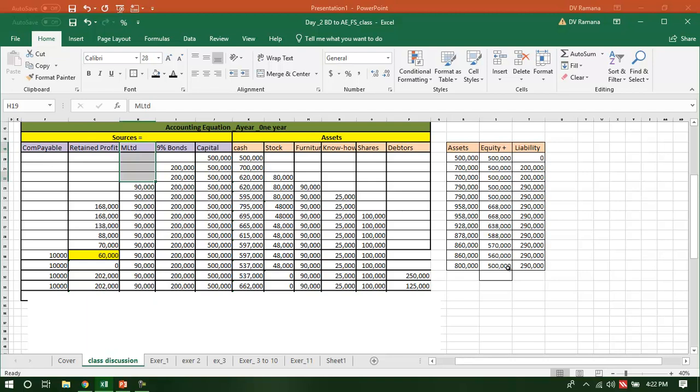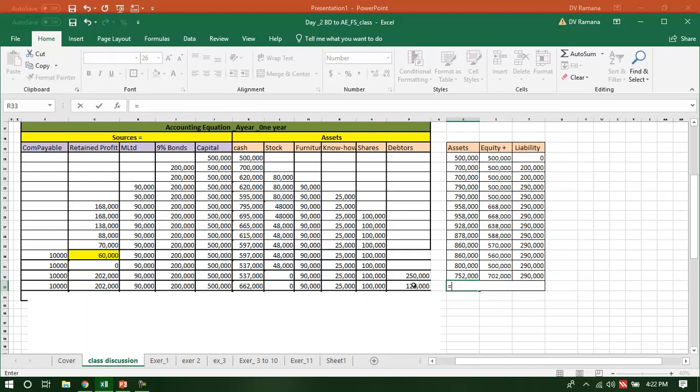So we can see that at any point of time, the asset is equal to, okay, let us see that once again. Let me copy that here. Asset is debtor.